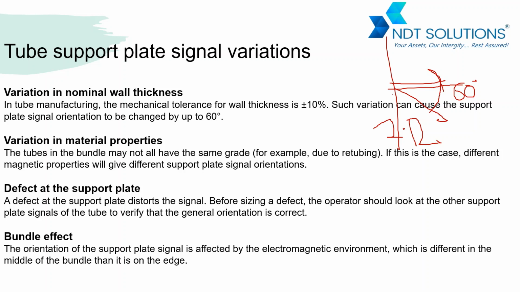Because the exterior tubes are not surrounded by many tubes, whereas the in-between tubes are surrounded by many tubes, so the electromagnetic field going throughout the wall thickness may get influenced by other tubes. That is called the bundle effect, and that may change your support plate orientation.